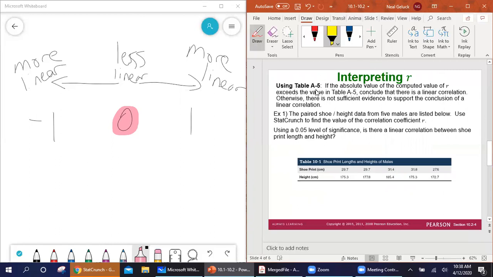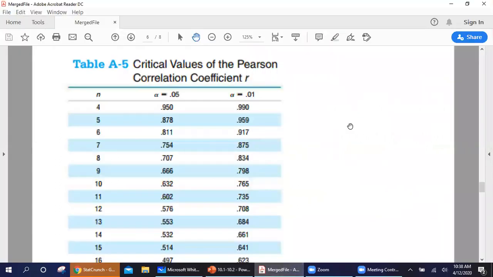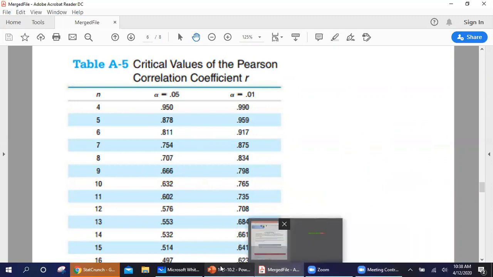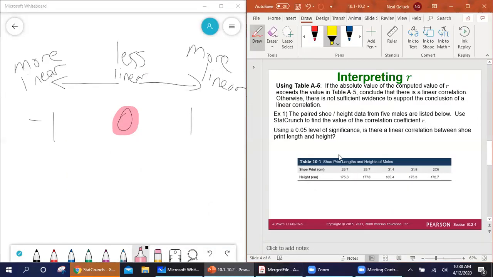So we're going to be using table A5 for this, which is in your packet. We have the critical values. We're testing stuff again, just like we were doing in the last unit. And I'll explain how to use table A5 in just a second. So if the absolute value, keyword there, absolute value, of the computed value of R exceeds the value in table A5, we conclude that there is a linear correlation.